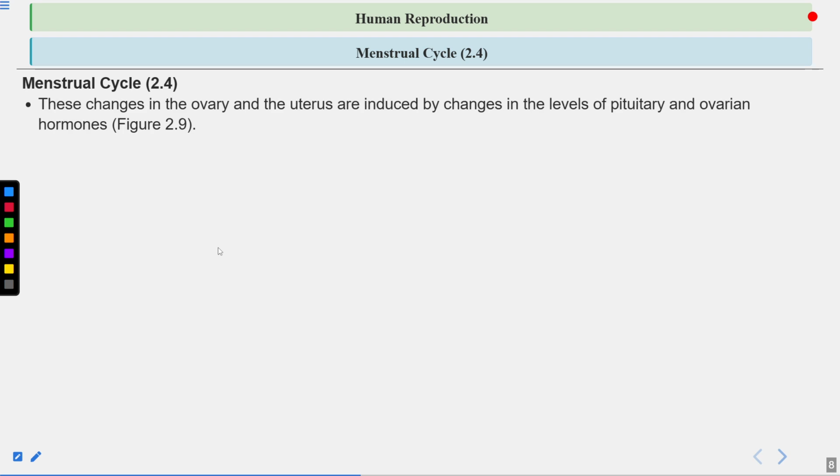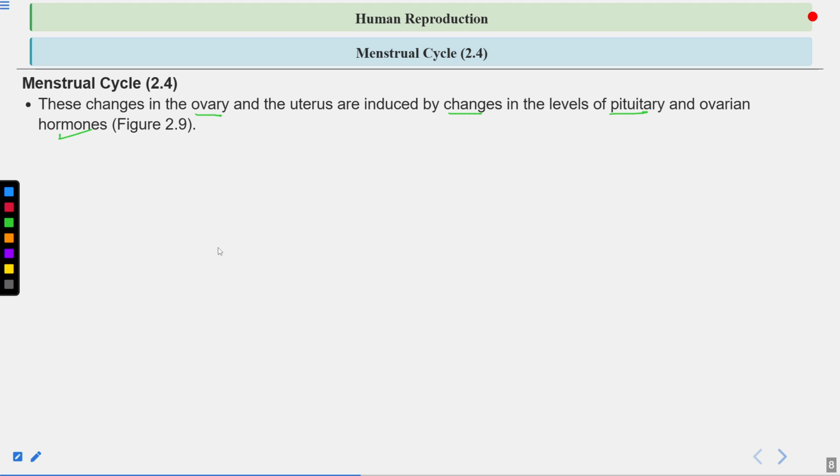Now, these changes in the ovary and in the uterus are induced by changes in the level of pituitary and the ovarian hormones. So we were talking about the follicular phase. In the follicular phase, the follicle development is occurring due to release of the FSH. The endometrium also starts proliferating, its thickness starts increasing.